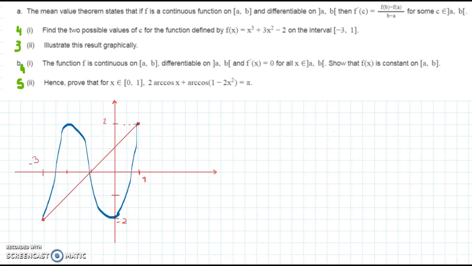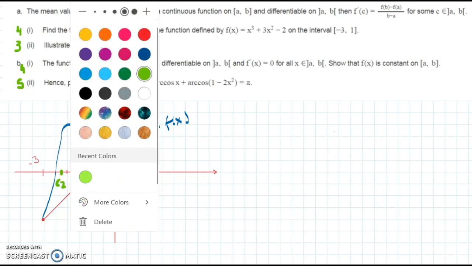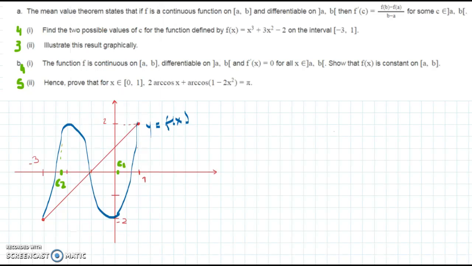Okay, more or less, that's how the curve y equals f of x looks. And then we have 2 points, C1 and C2. C2 is here, a bit before minus 2, and C1 is just above 0, here. And what we have to show is that at those 2 points, the slope of the function is parallel to the secant line between the endpoints of the function.